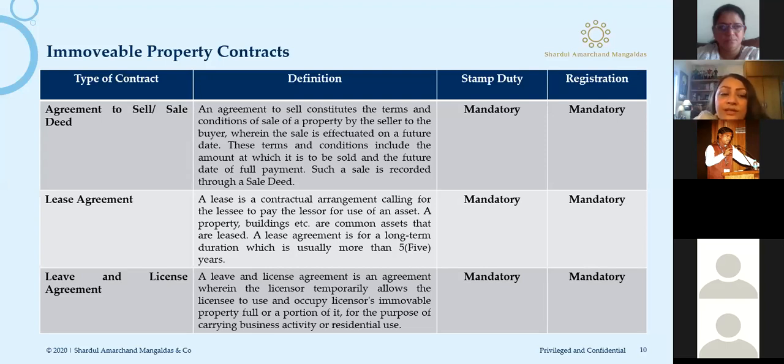And stamp duties, as I said, vary from state to state. All real estate documents have to be registered. So right from power of attorney to any of the contracts, whether it's a leave-and-license, lease, sale document, easement document, or renunciation, even if I want to renounce my right in a property, that will need to be registered.